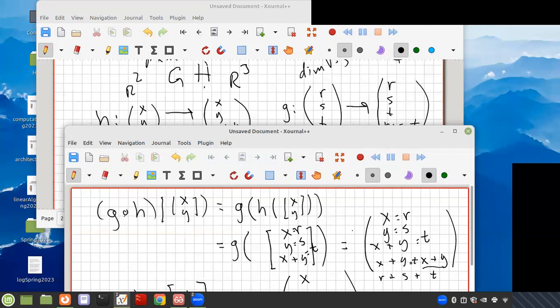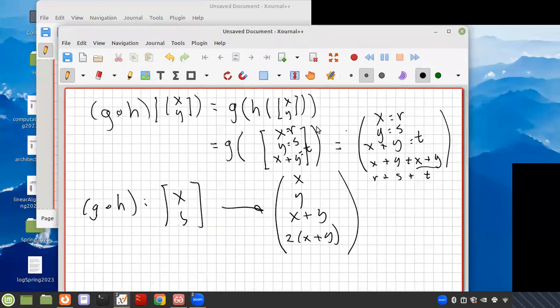So then if I then forget where they came from and just do it. So I have this stuff here, right? That's the map.